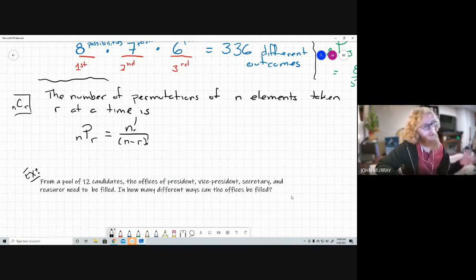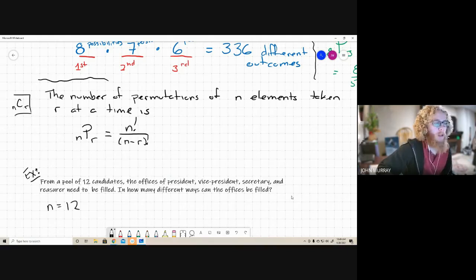Once somebody becomes the president, they can't become the vice president anymore. If somebody's the secretary, they're not going to be the treasurer. You can't have that. So in that sense, the order matters. Using the function that we learned, I'm just going to say first that the total number of elements that we have, our n, is going to be 12. The n is your large group of total possibilities.